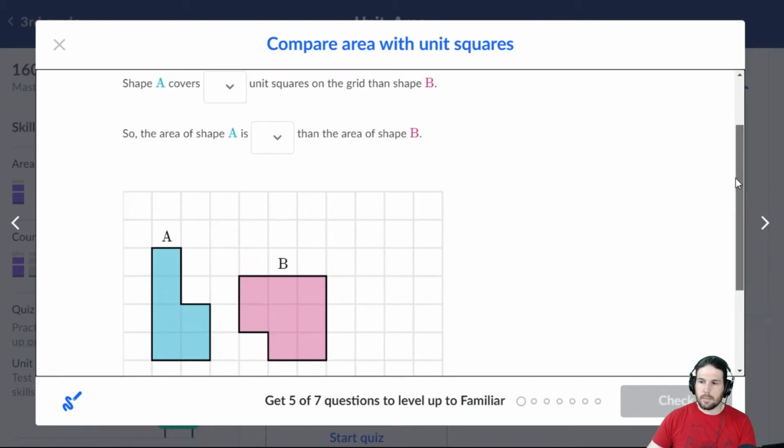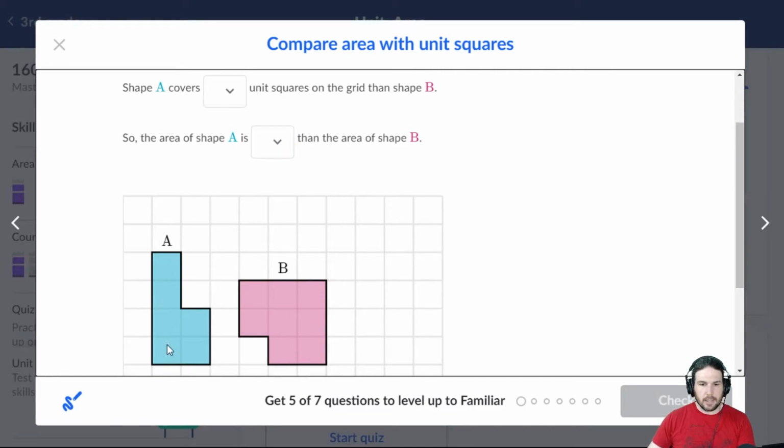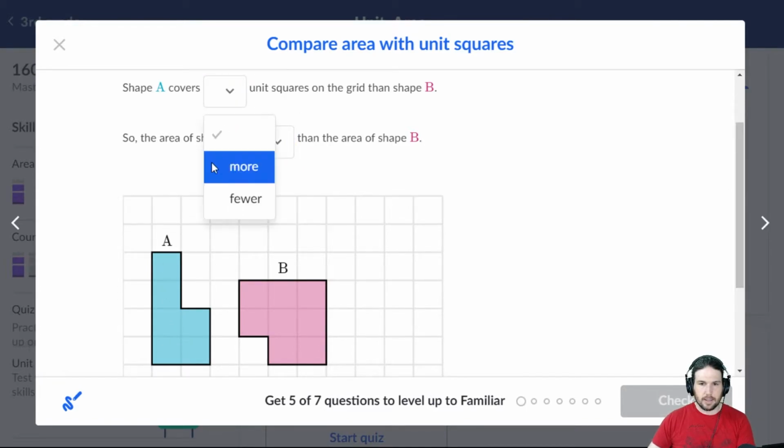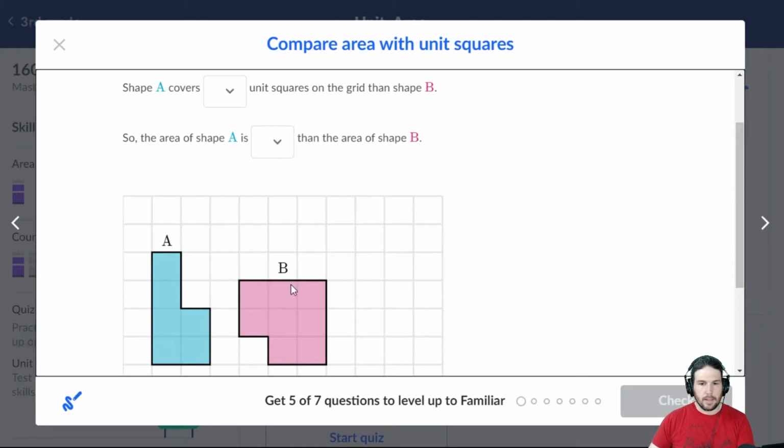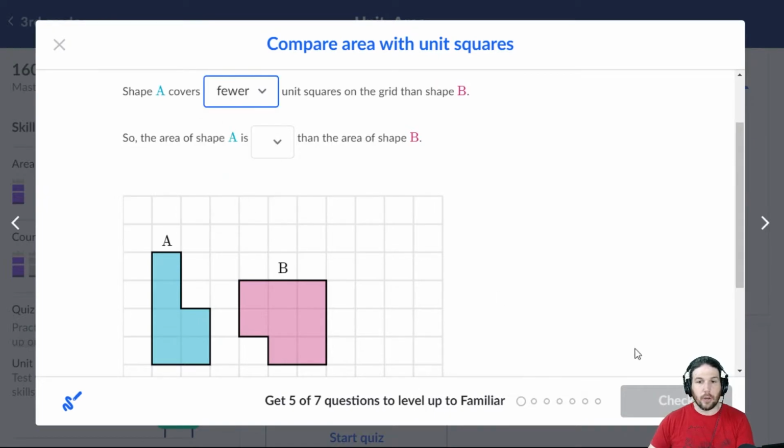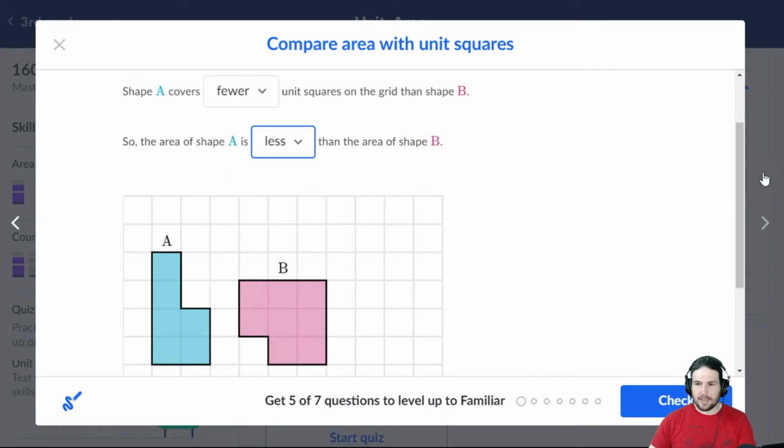Oh, neat. Okay, so shape A is what? 4, 5, 6. Oh, I see. 1, 2, 3, 4, 5, 6, 7, 8. So A is fewer unit squares, so the area is less.